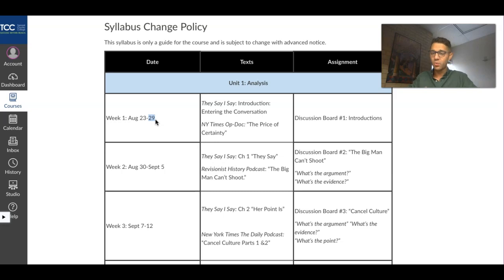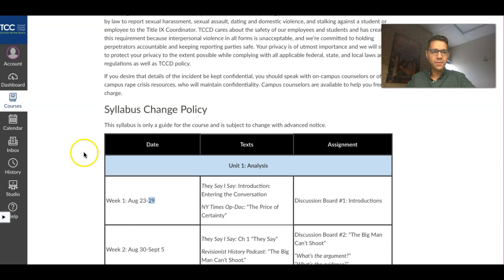So everything will always be due on Sunday at 11:59 p.m. Even if the week is crazy and you can't get things turned in right away, just know that everything will be due on Sunday at 11:59 p.m., unless for some reason we've got to make some changes to what we're doing for the grades. So just keep all that in mind. And I'll be talking over this in more detail throughout the week.